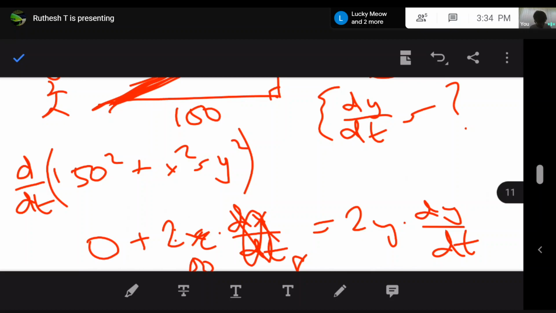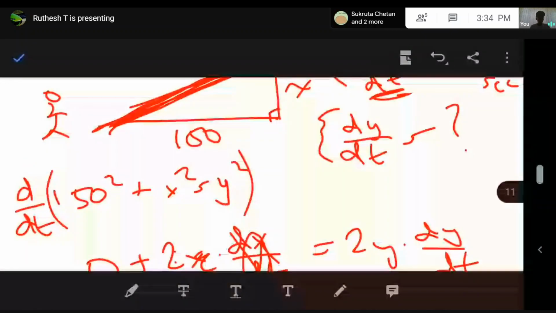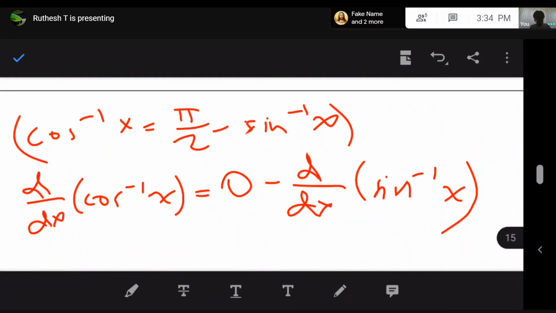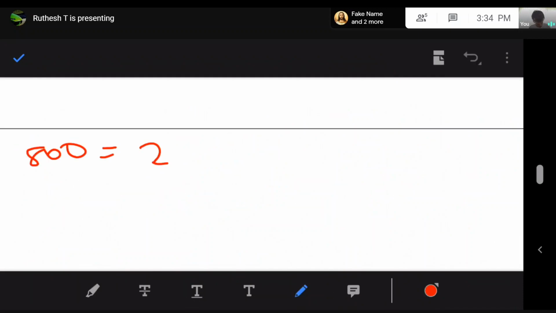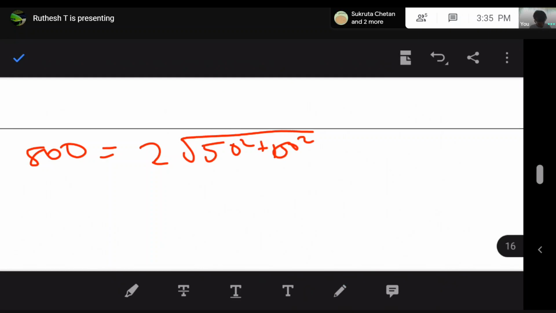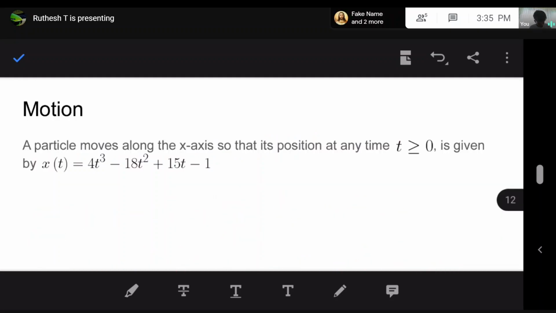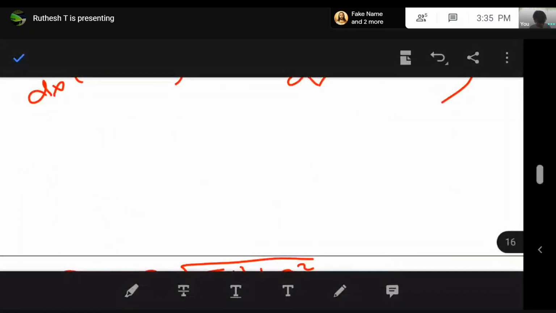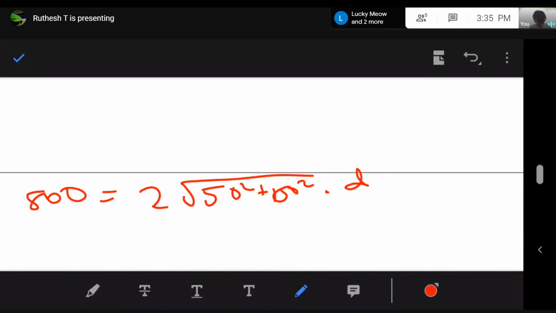the square root of 150 squared plus 50 squared by the Pythagorean theorem here. So 2 times the square root of 50 squared plus 150 squared, times dy dt.